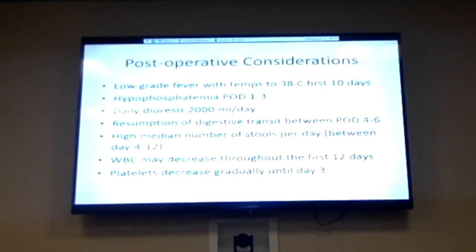Post-operatively, it's not uncommon for patients to have low-grade fevers within the first week or so. They are all going to have electrolyte abnormalities, especially in the first couple of days, and that's something you really have to pay attention to, because they will have some severe electrolyte derangements.